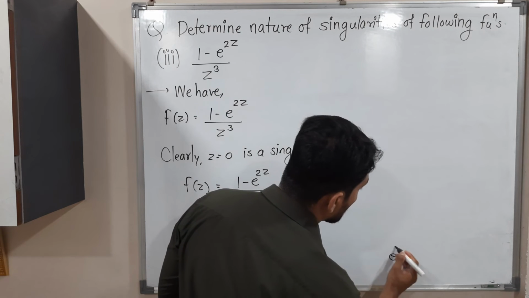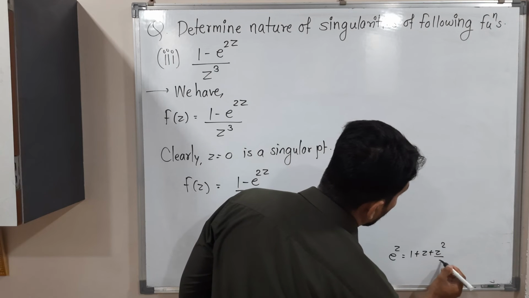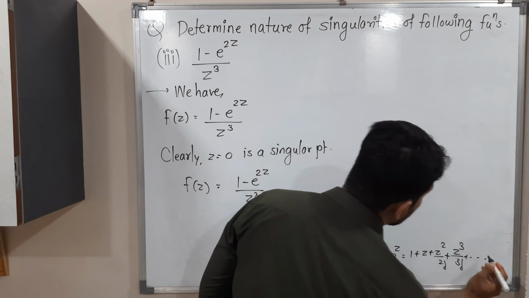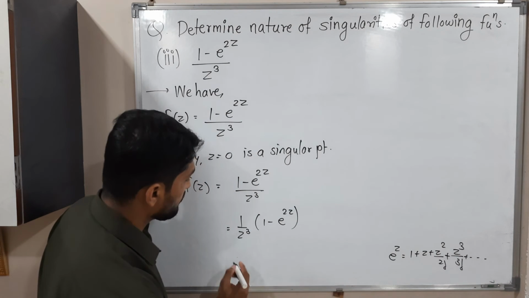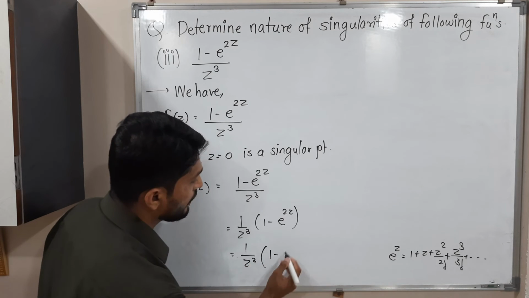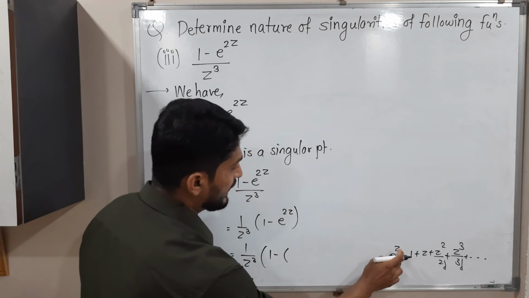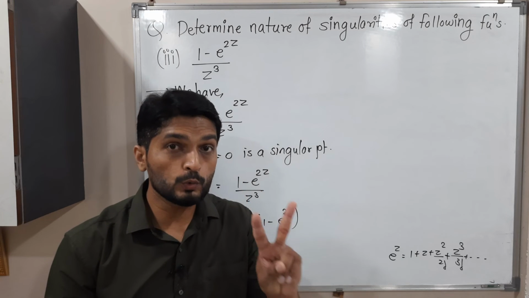You remember its standard series, e raised to z, what is it? 1 plus z plus z square by 2 factorial plus z cube by 3 factorial. So this is a standard series. Getting? So let me write its expansion: 1 upon z cube times 1 minus, in bracket, e raised to 2z. See, what is the difference? Here we have z, here we have 2z. That means in place of z we should write 2z.